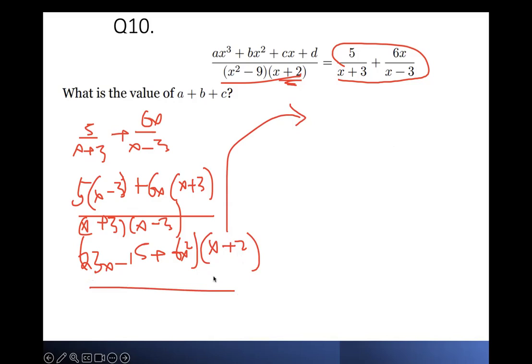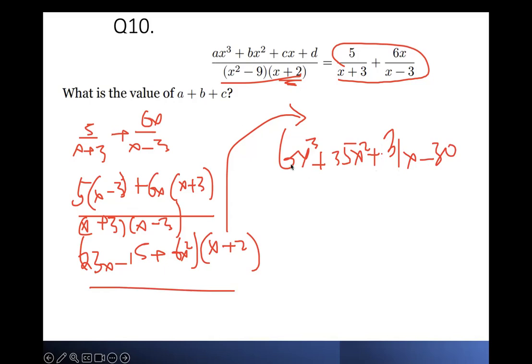In that process, you're going to get what? 6x cubed plus 35x squared, plus 31x minus 30. If you simplify all of them, this is equivalent to what you have.